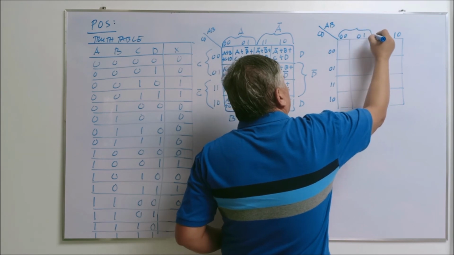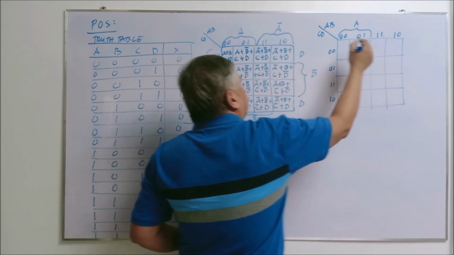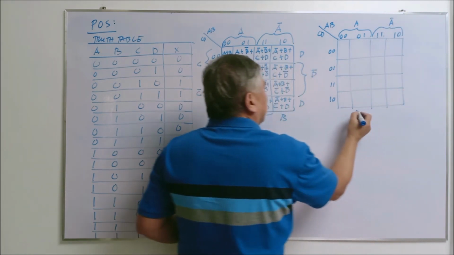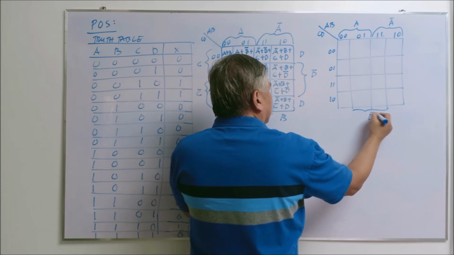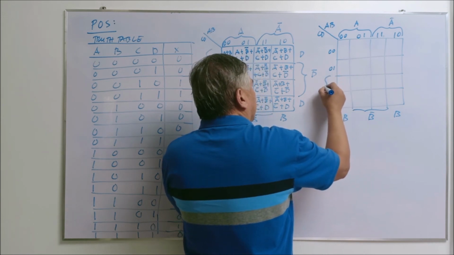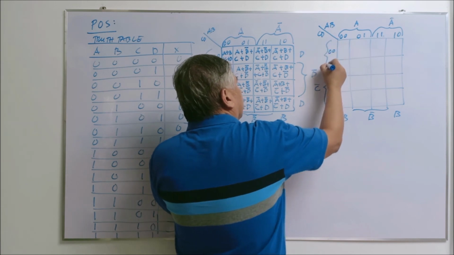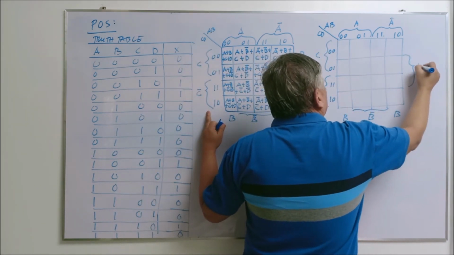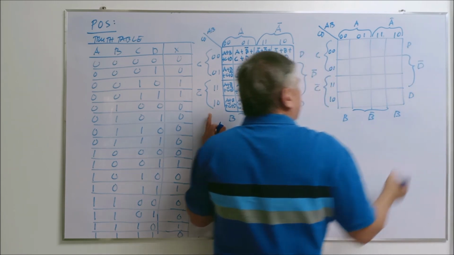Again, this belongs to A. This one here belongs to A bar. And this one here belongs to B bar. Here, B, B. And then this one here belongs to C bar, and then C. And then here, this is D bar, D, and D.